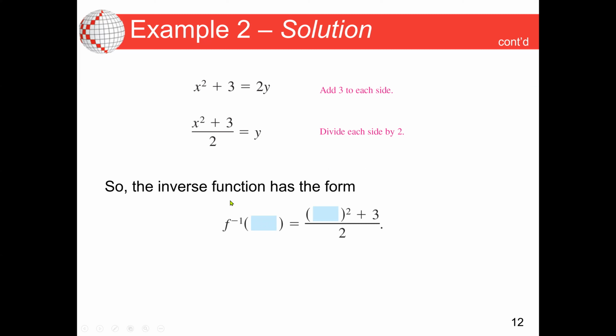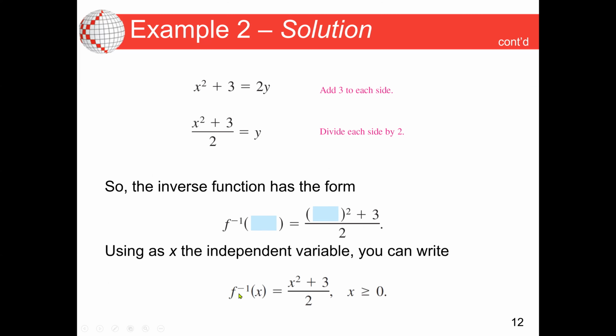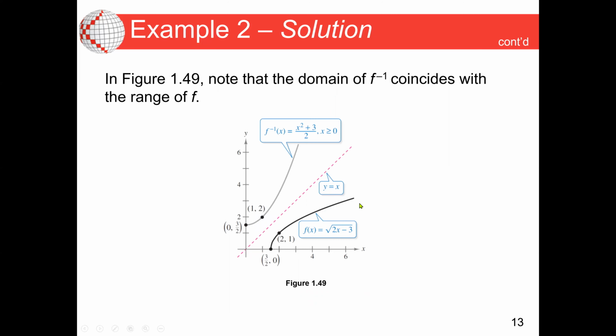So the inverse function has the form of f inverse of x equal to x squared plus 3 divided by 2. And x always should be greater than or equal to 0. And if we plot the function, this is what we get.